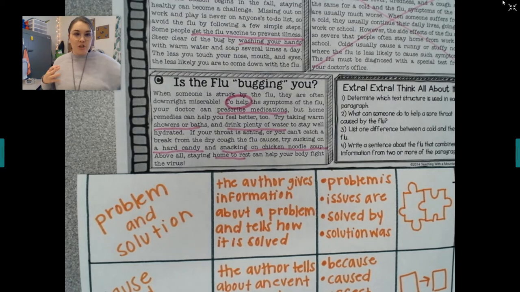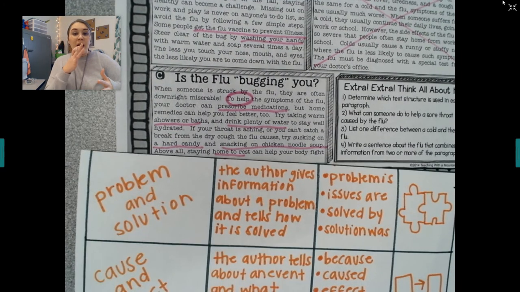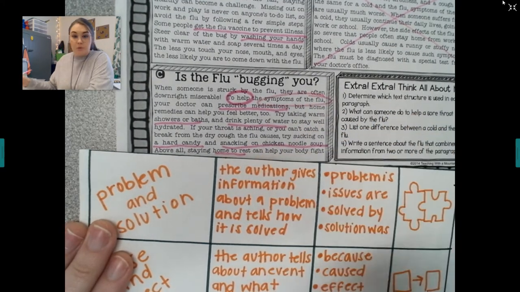So which one am I going to choose? Problem and solution or cause and effect? I'm thinking it's problem and solution. And let me tell you why. Well, problem and solution is the main thing it talks about. The whole entire paragraph tells you how we can help the symptoms of the flu.